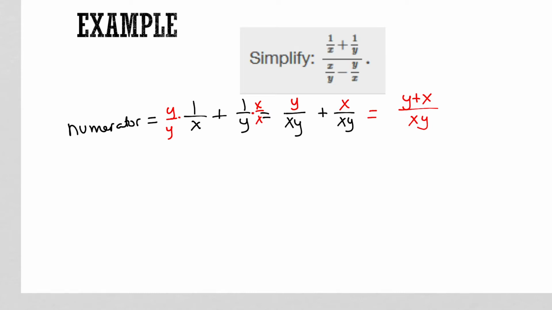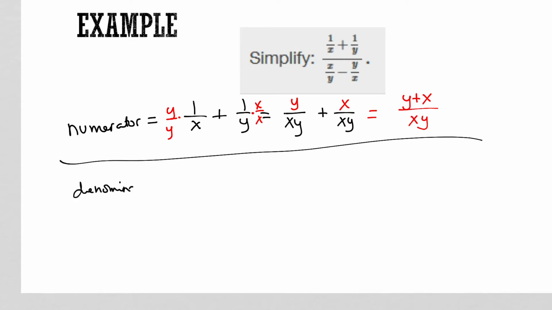All right, now let's look at our denominator. Again, we need a common denominator, and that is xy. So what do we have to multiply this guy by to get it to be xy?